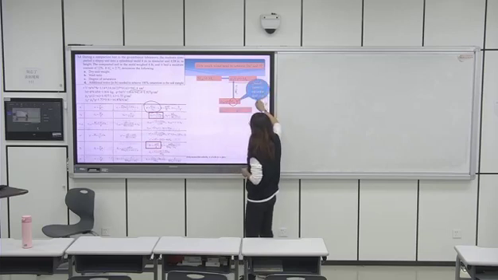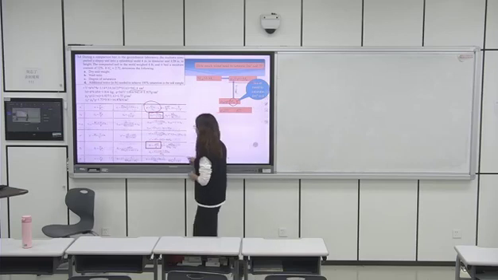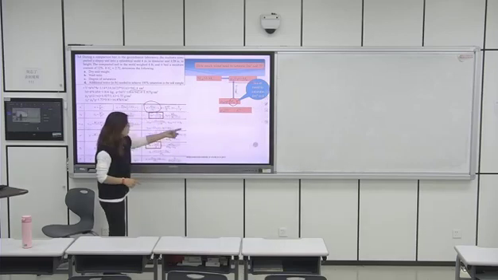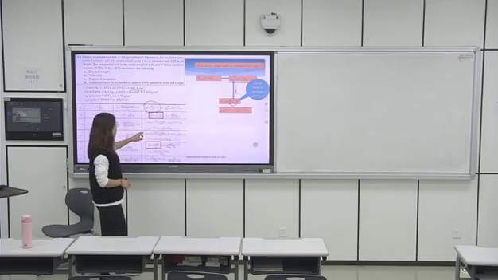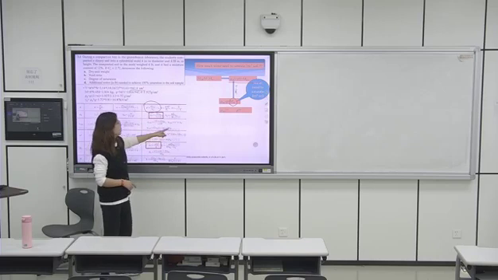So, what is saturated density? What is moisture density? Saturated density can be calculated with saturated unit weight, right? If you divide saturated unit weight by gravity, then you get saturated density, right?